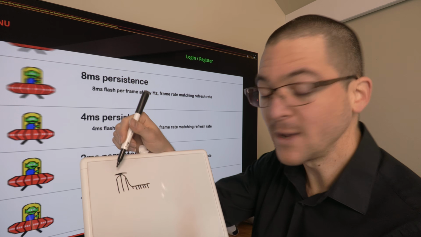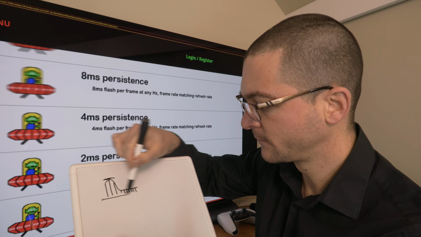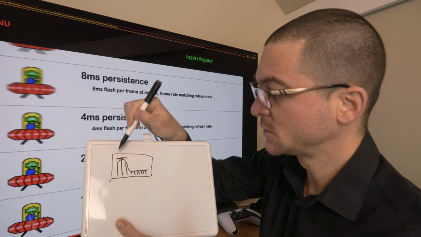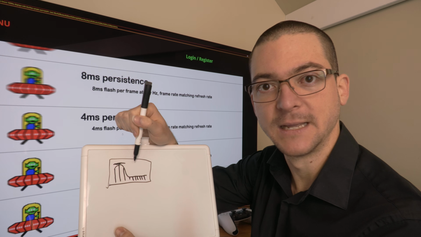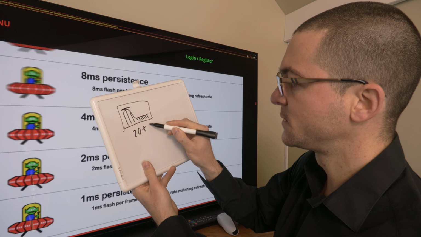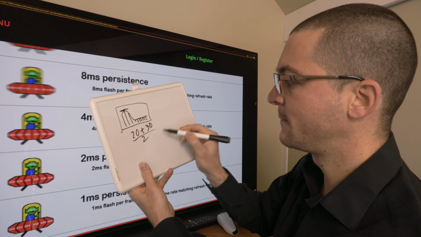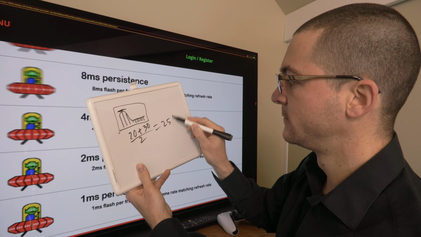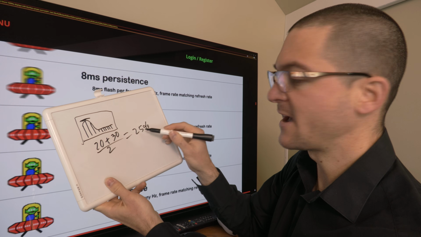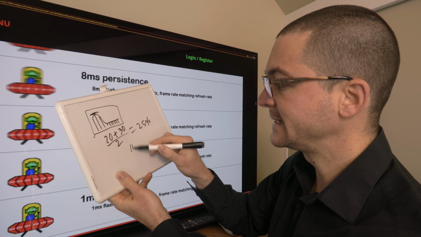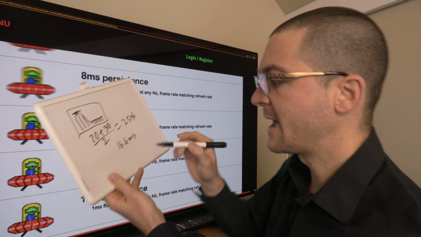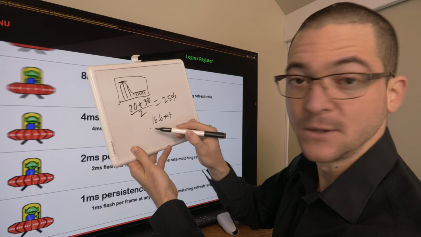So now, if we calculate what's going on here, the persistence is being reduced to 20 or 30%. If we average 20 and 30, so 20 plus 30, and we divide that by 2, that's 25%, okay? So how much is 25% of 16.6 milliseconds? At 60 Hertz, 60 FPS, we have 60 images in 1 second.